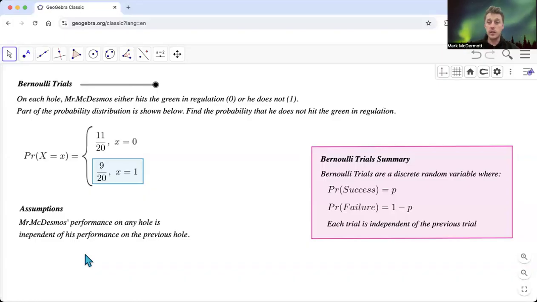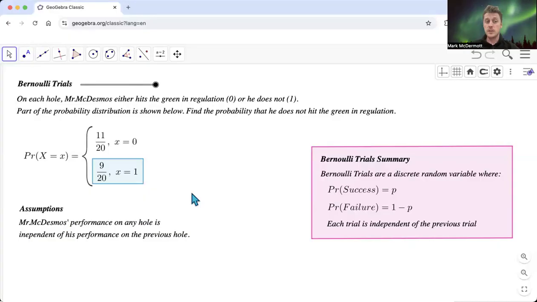If you hit the green in regulation on the previous hole, maybe that changes the probability that you hit the green in regulation on the next hole. However, one of the assumptions of Bernoulli trials is that the trials are independent. So the outcome on the first event does not affect the outcome on the second event, which is probably not an unreasonable assumption in the game of golf anyway.